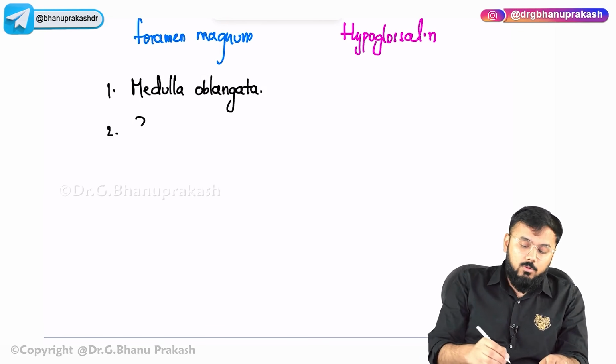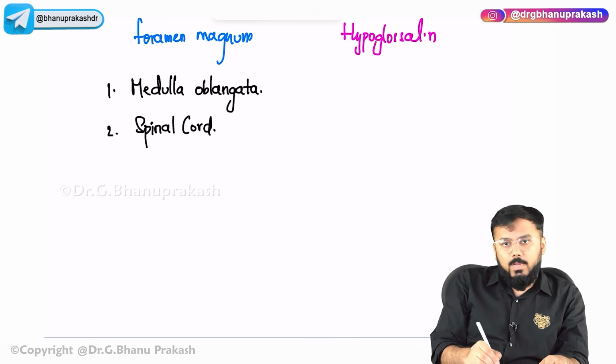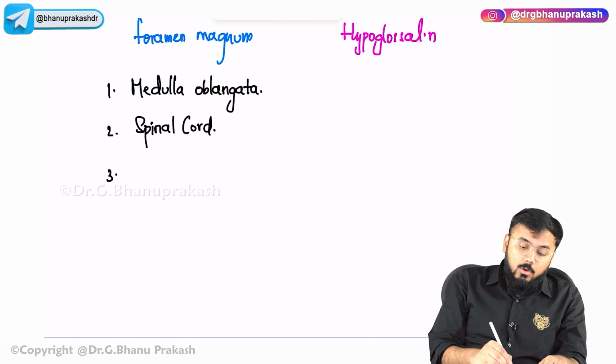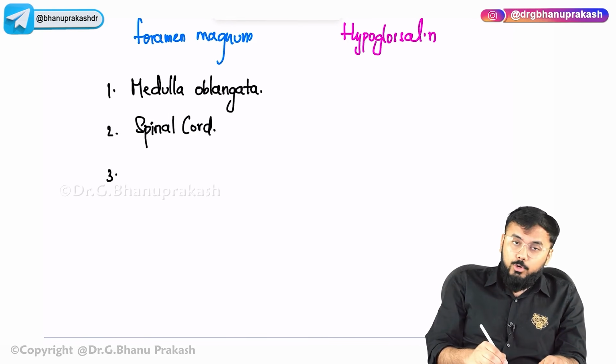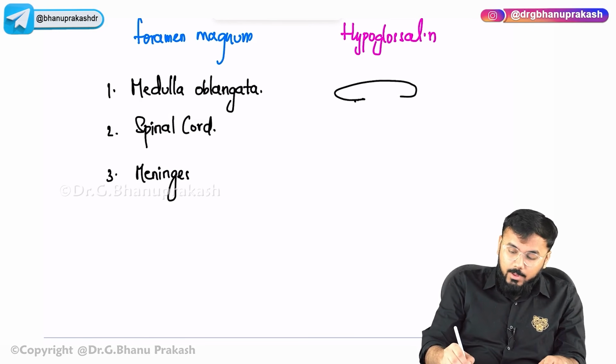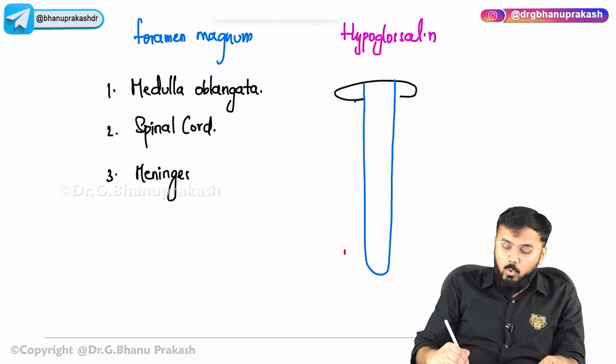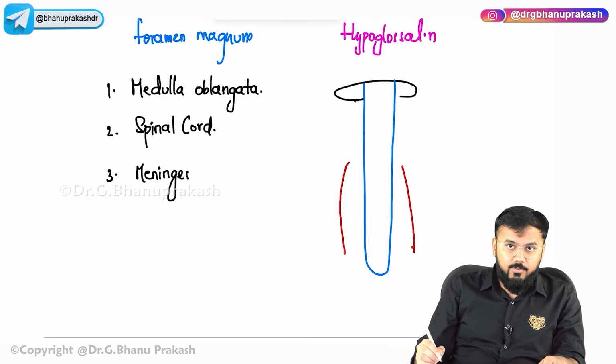Okay, let me write this down. Spinal cord is passing down. Along with the spinal cord, don't you have meninges? Yes, meninges are also passing down. Next important thing is, let us say this is foramen magnum and this is your spinal cord. If you remember, there are two arteries: the right vertebral artery and the left vertebral artery.